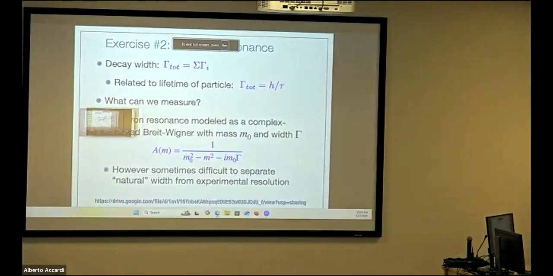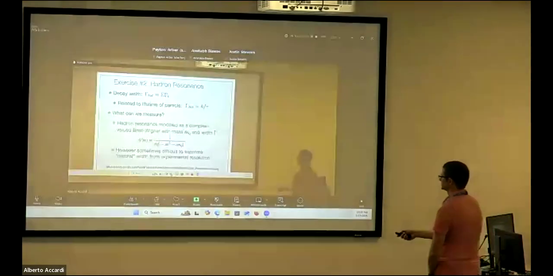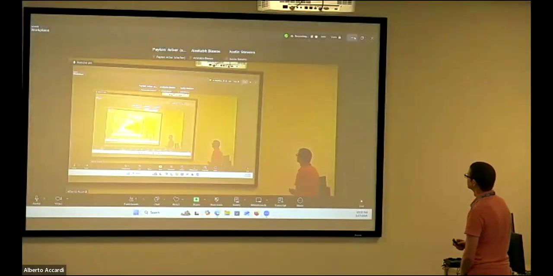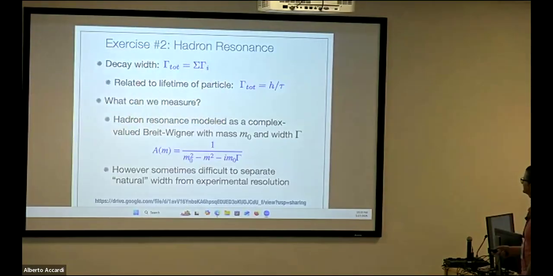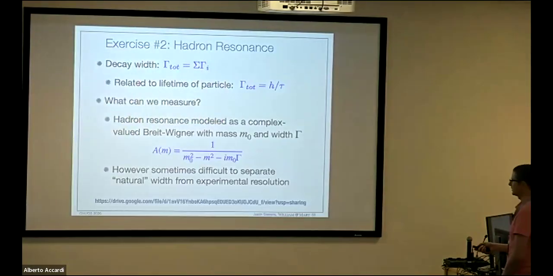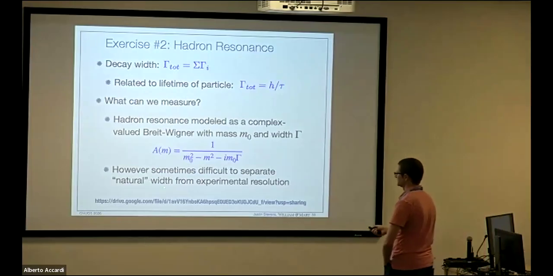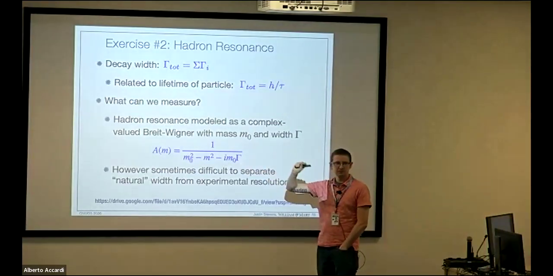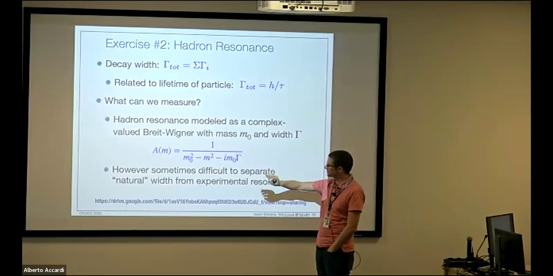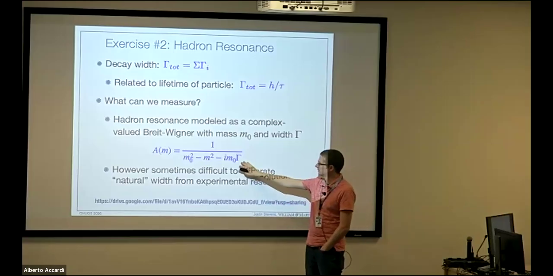Okay, so the other aspect I mentioned, that we were talking about a little bit before the break, is that this width is really what happens in the physical sense without any detector.